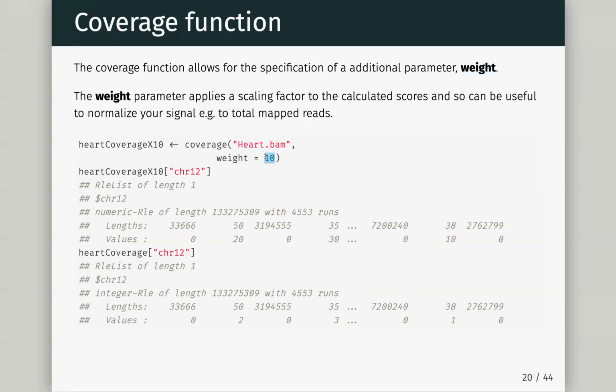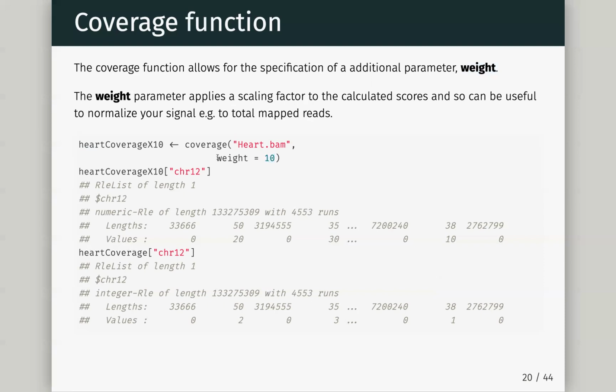Here, if I set this to 10, we can see that every time we have some coverage, say here it's 2, in the one where we've added the weight, we now have 20. So it multiplies whatever the coverage was by 10, allowing us to correct or alter the actual coverage score.